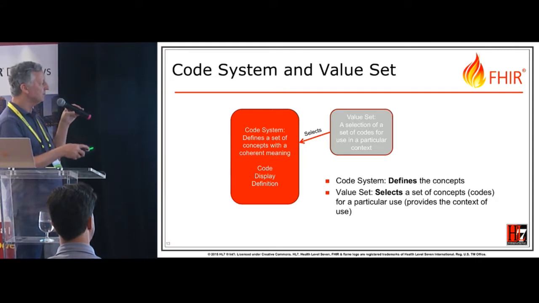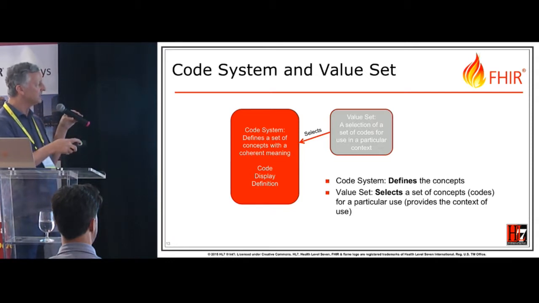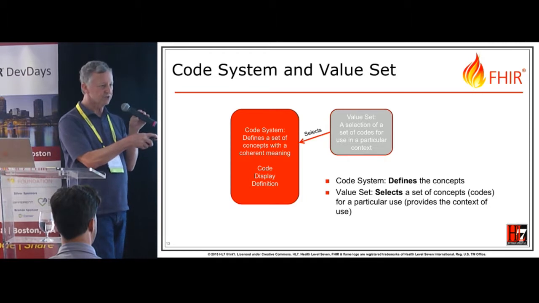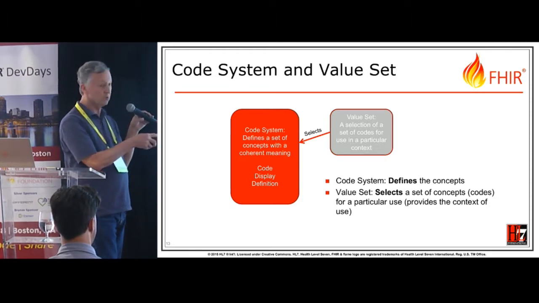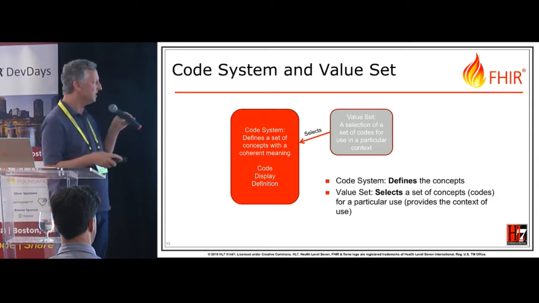A code system defines a set of concepts that have a coherent meaning. Then we have value sets that take those codes, typically from one or more code systems, and select them for use in a particular context.